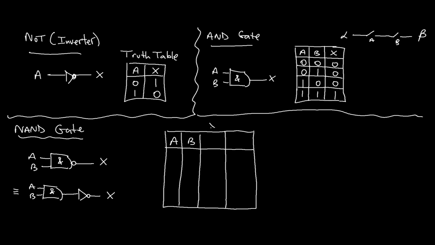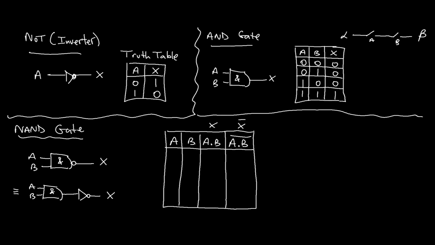Well, X is our output. Let's first of all do the AND gate. Then I'm going to put a bar on top of X, meaning the opposite to X. Okay, so where you see a bar, we mean a NOT gate, and here's a NOT gate over here. Okay, and this can be written in logic as A dot B with a bar over the whole thing.